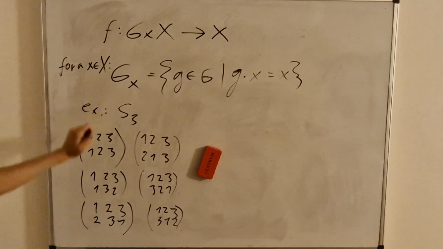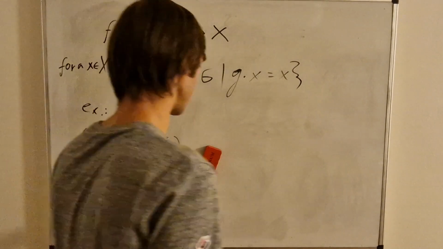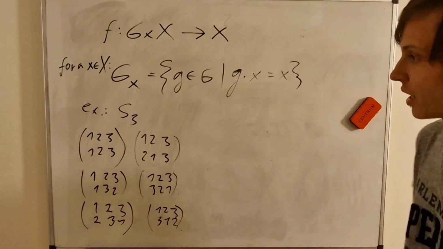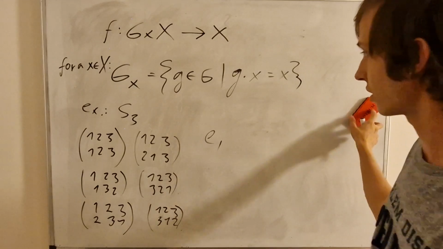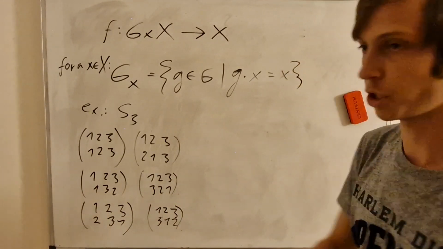All right, and each of these permutations can have its cycle notation, so I can also write it in cycle notation. This is the identity element, so I can say E. I can just write out the elements in cycle notation, which is far more compact.